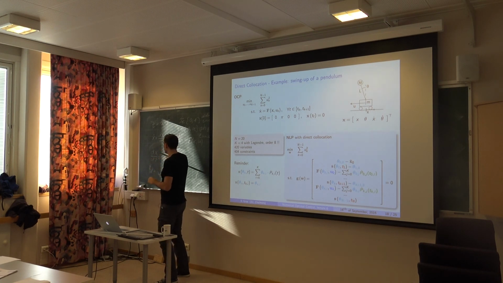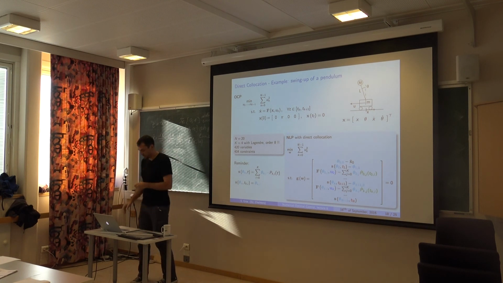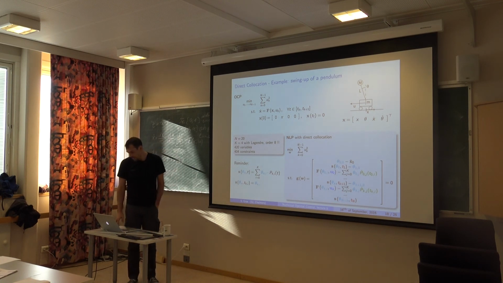So you may have to solve the problem a few times by adjusting your time grid until you're happy with the solution you get. And you can do that also in collocation. It has no impact on the choice of discretization method. It's really at the OCP formulation level that you do that.